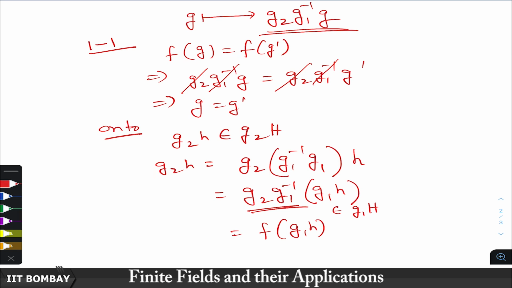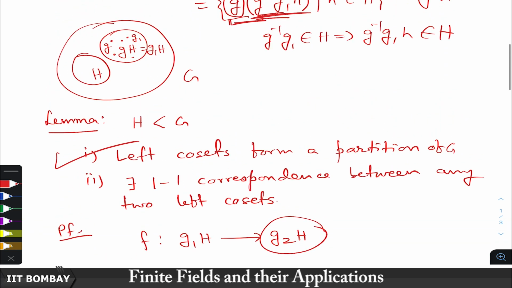So, you see that every element on the right hand side is in the image of f. So, it is a 1-to-1 and onto map, and so we have shown a bijection or 1-to-1 correspondence between these two cosets. So, there is a very nice structure that all the cosets have the same number of elements.